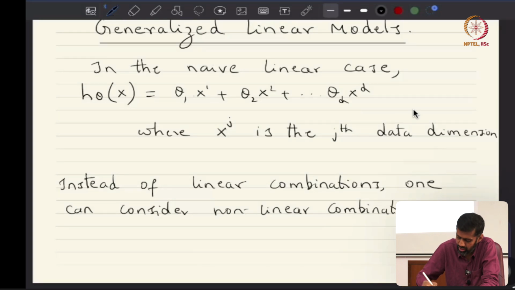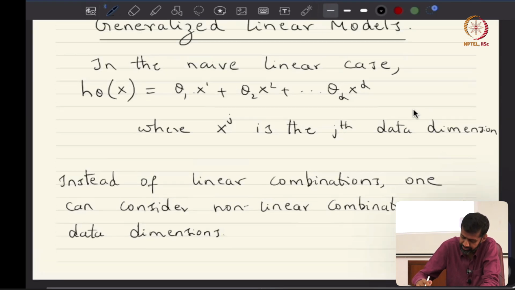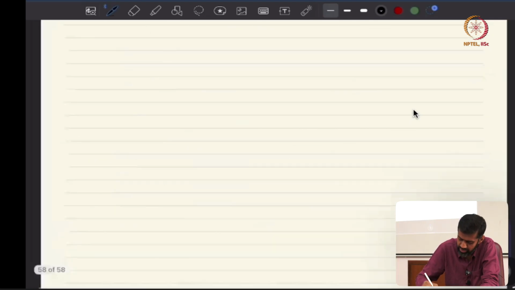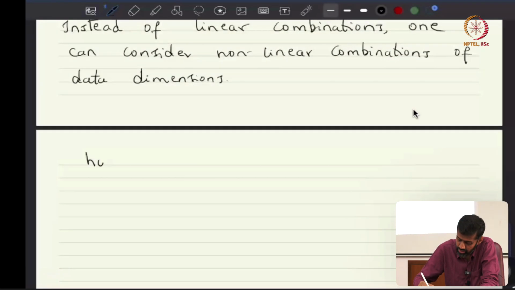Non-linear combinations of data dimensions. So, what does this mean? You have h theta. Now, h theta of x is equal to theta 1 times the first dimension.